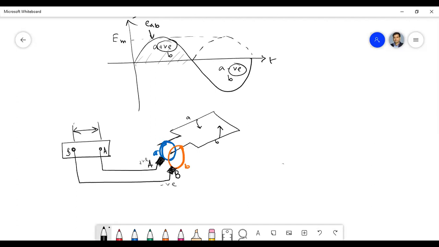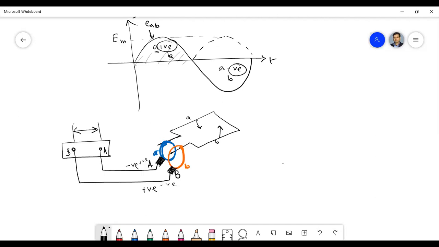So in the positive half, small a is positive with respect to b, so the capital A will be positive with respect to B. And in the negative half, a is negative, so this will be negative and this will be positive. That means the polarities of A and B are switched, so I will get the AC voltage waveform.